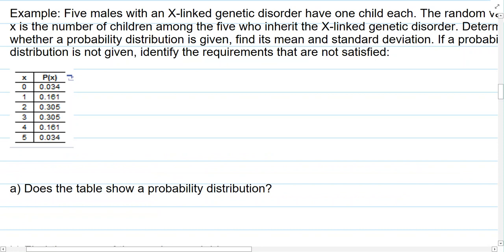The first thing we need to do is determine whether the table shows a probability distribution. That means the sum of P of x must equal 1 to prove it is a probability distribution.